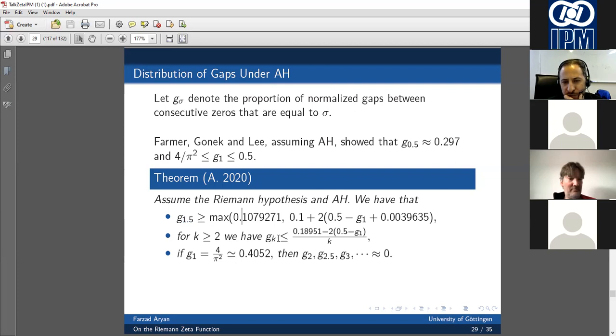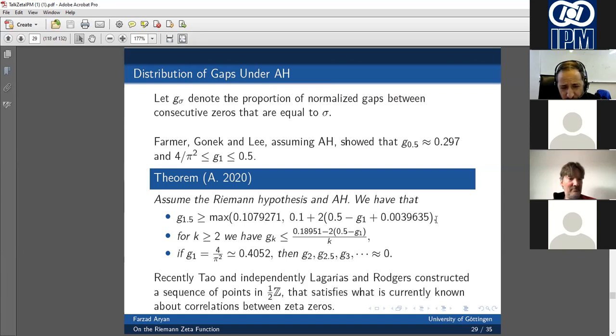And it also gives an upper bound for the rest of the gaps, of length 2, 2.5, etc. As you can see, the lower bound on the gaps of length 1.5 depends on the portion of gaps equal to 1. So what does this mean? To explain it, I should talk about this.